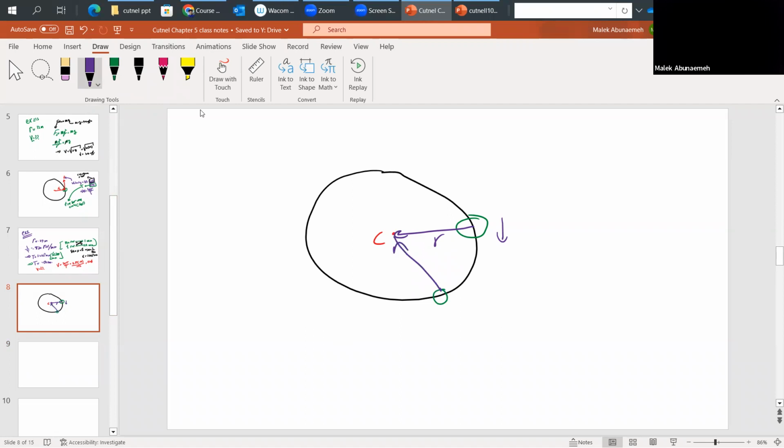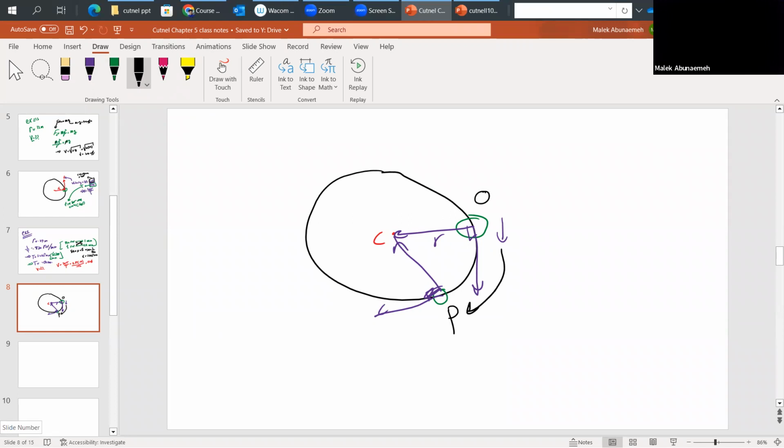Let's say this is perpendicular to it, and this one will be perpendicular to that one. Let's say you're going from point O to point B, and you are going in this way.